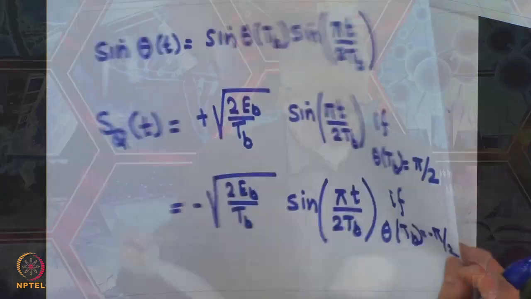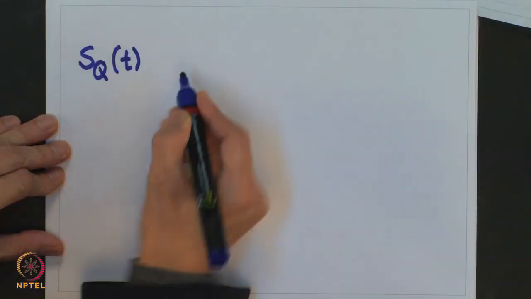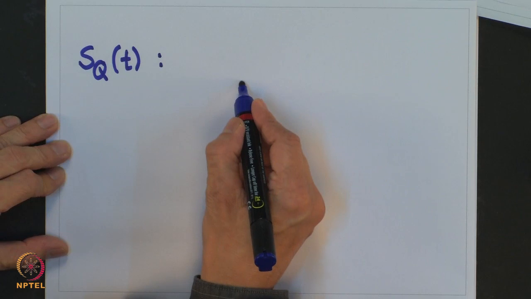So, your s Q of t will be a half sine function which will look something like this.